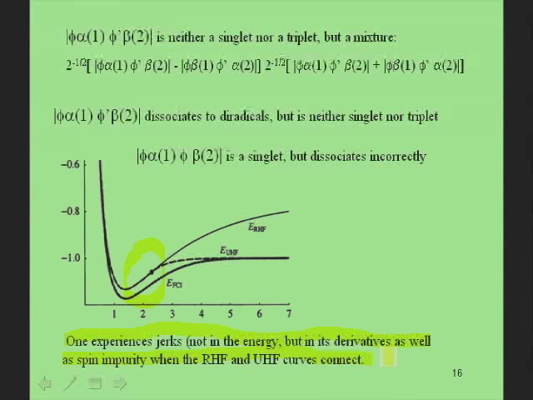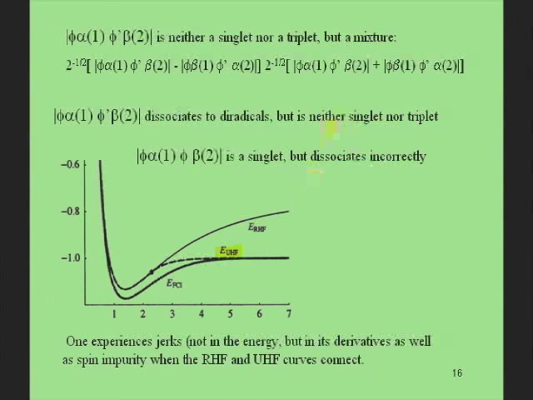Okay, so just to summarize, unrestricted Hartree-Fock would give rise to this curve that's just like restricted Hartree-Fock, but then would deviate from it with a jerk in the slope, and then would dissociate. Here I've shown it dissociating into something that's not unreasonable, but I've emphasized that unrestricted Hartree-Fock is a mixture of triplet and singlet, so why is it still not having a bad energy out there?